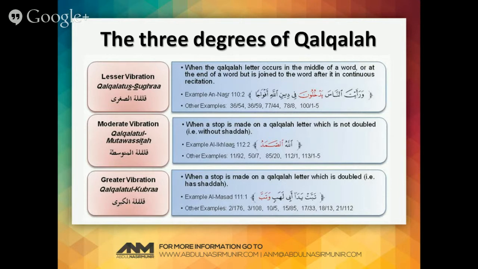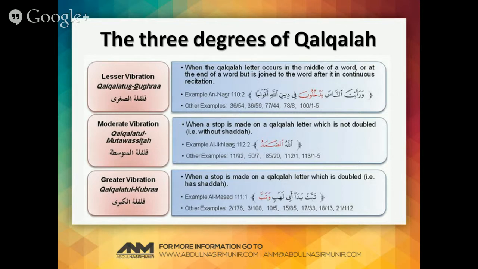So you have seen how I put a vibration there, an echo sound, which is yad. I'm not changing it to fatha. I'm not saying yada. I'm saying yad. There's a big difference there. So yadkhuluna.